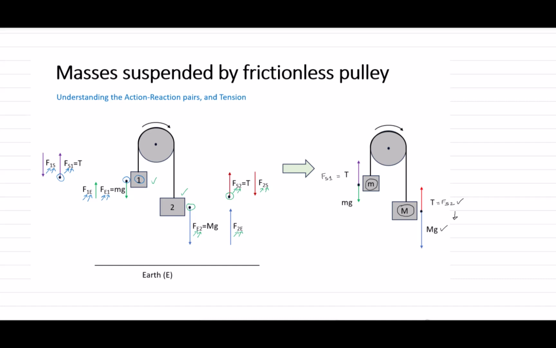Here we again have two forces acting on the object. First is the tension T, which is the same as FS1, acting in the upward direction, and the weight mg in the downward direction. In this case, since the object is moving in the upward direction, the tension should be greater than mg.